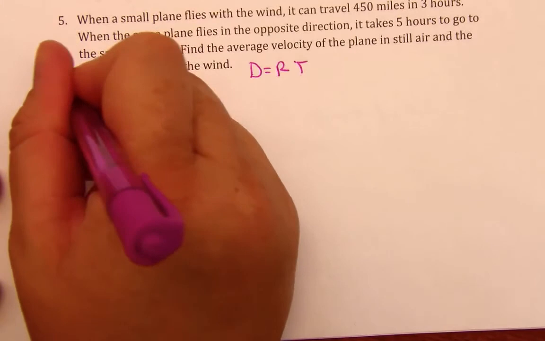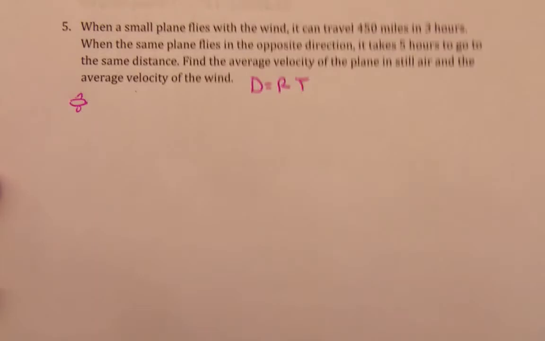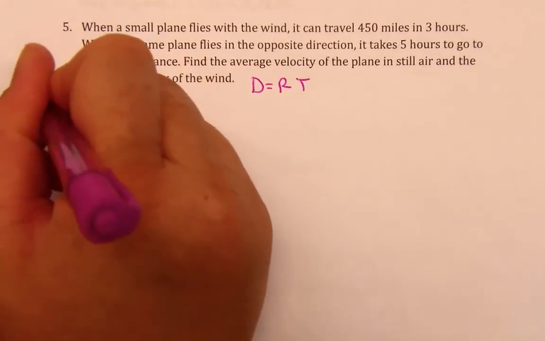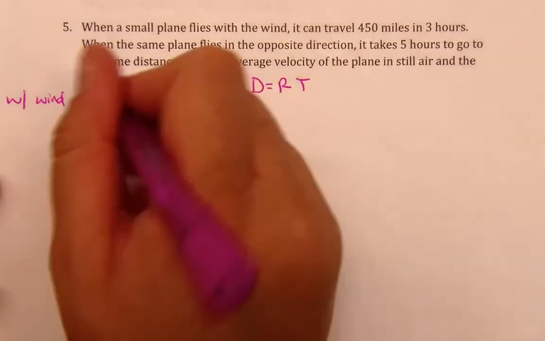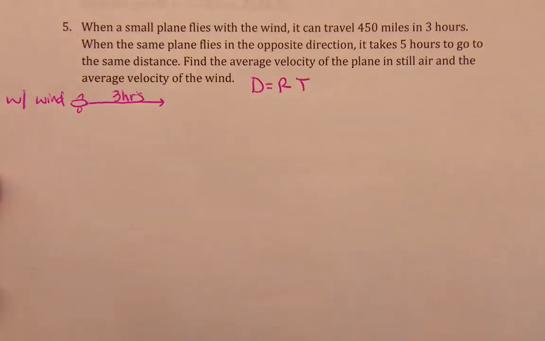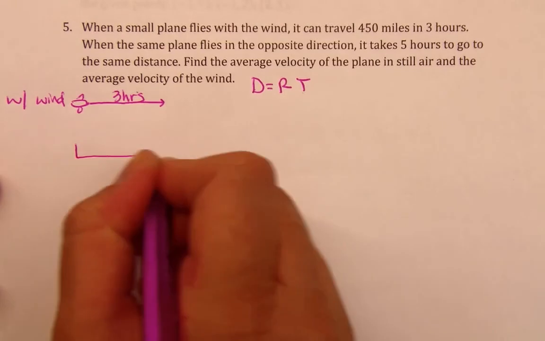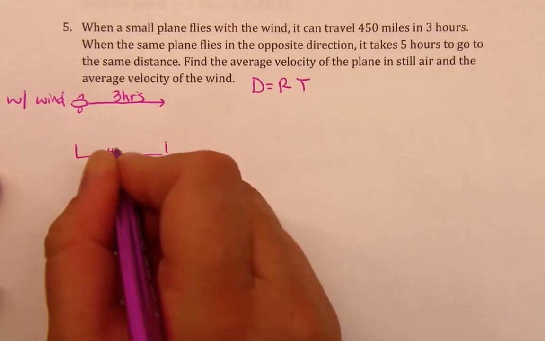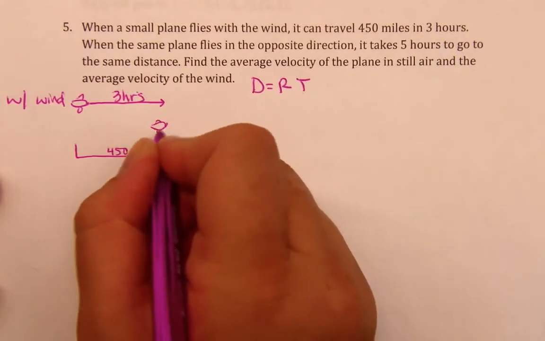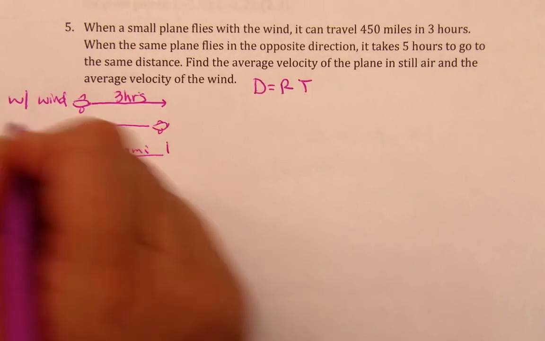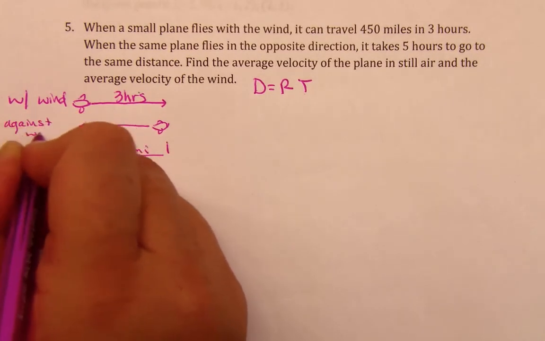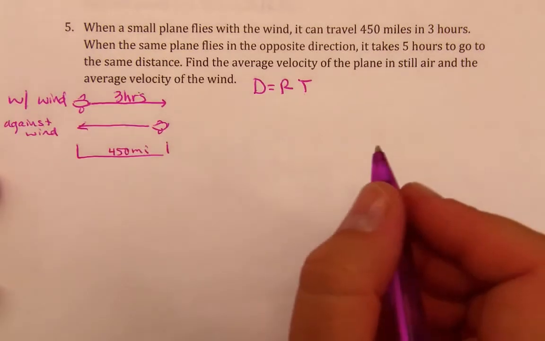We have a small plane, and I'm not an artist, so this is my picture of a plane. And we're going with the wind, and it takes us 3 hours to go 450 miles. Now going in the opposite direction against the wind, it took us 5 hours.